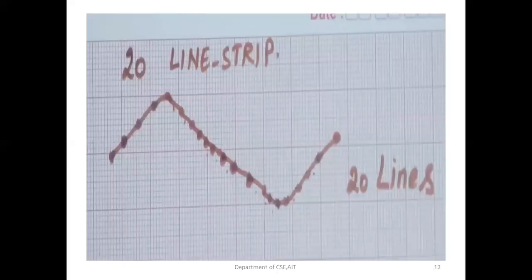So this is the curve, the first curve, and all the 24 curves will be drawn by making use of GL line strip. That means 20 lines will make up one curve. So like this 24 curves will be drawn. So this is the value for the u. It should be varying from 0 to 1.